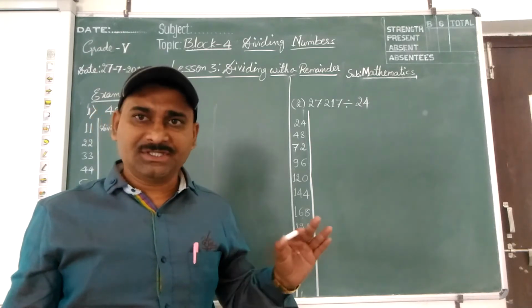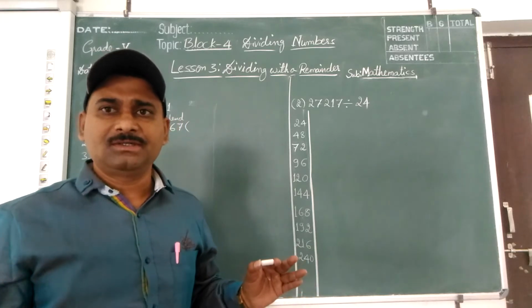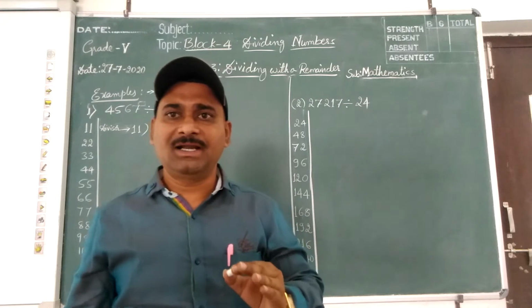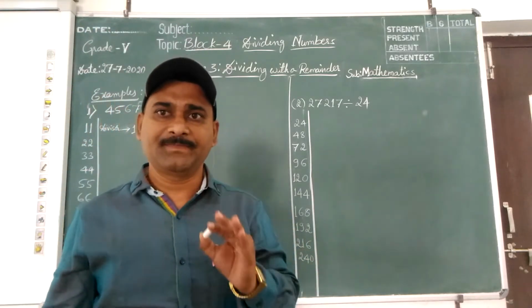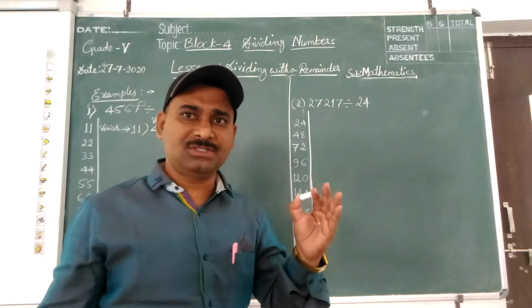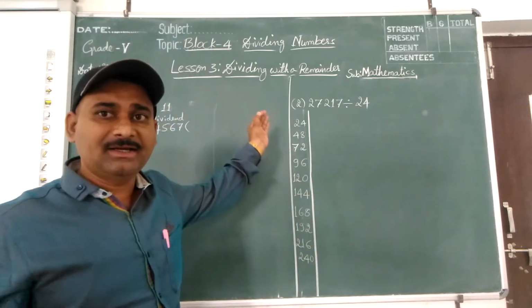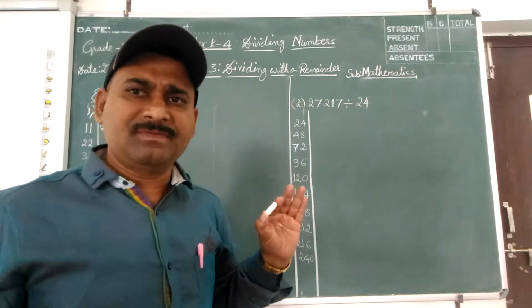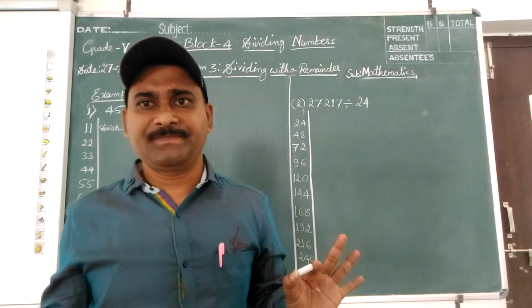We have done the divisions, and you may have observed that in all the divisions you got remainder as 0. That is division without a remainder. Now, quite the opposite, today in the class we will do dividing with a remainder. There is not much difference between the last class and today's class.